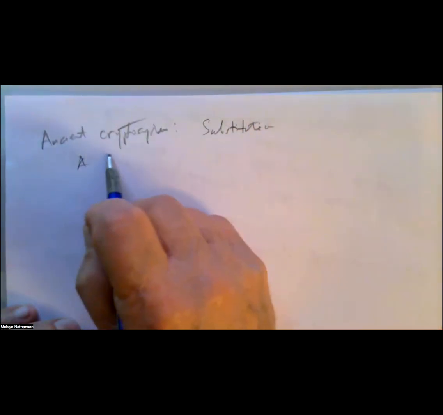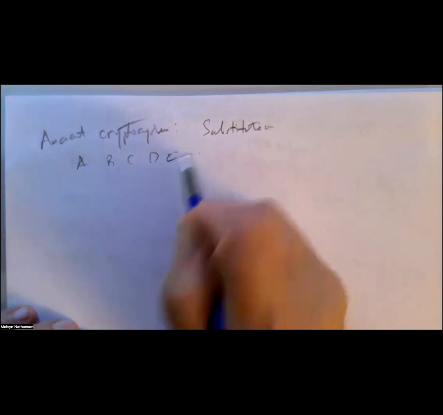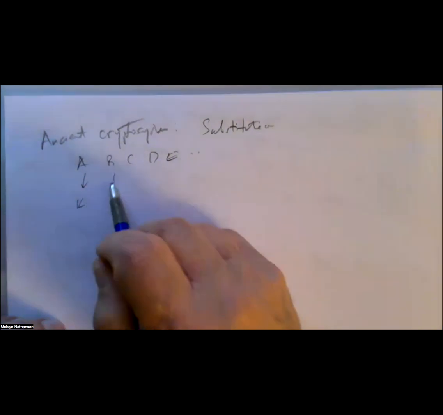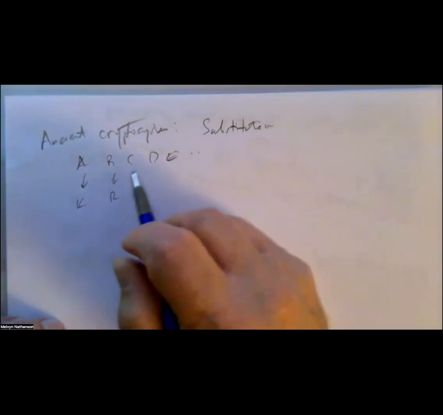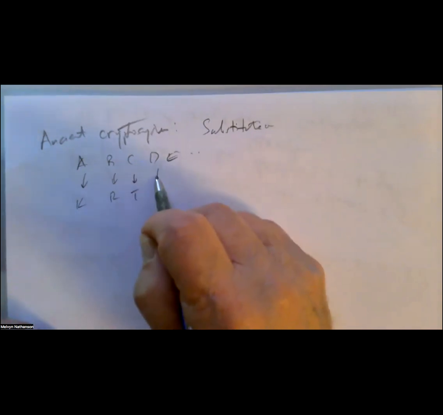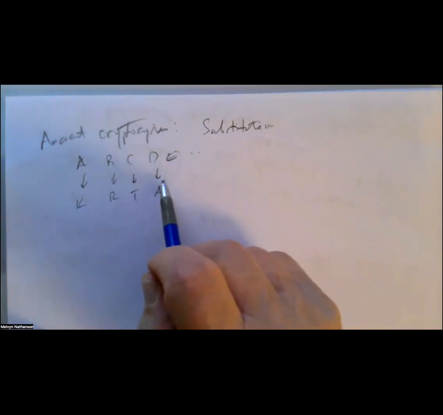So you have the alphabet A, B, C, D, E, and so forth, if you're using the English alphabet. And you just say, okay, well, instead of A, I'll send K. Instead of B, I'll send R. Instead of C, I'll send T. Instead of D, I'll send A, and so forth.